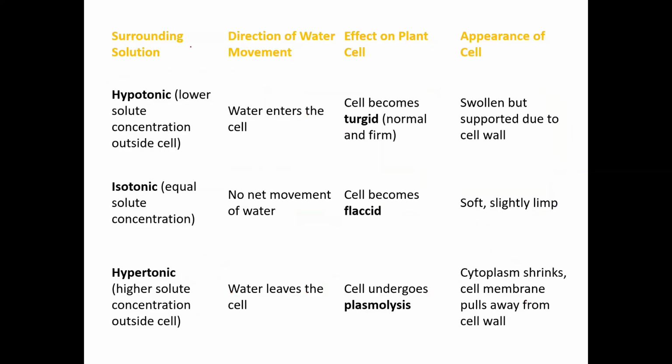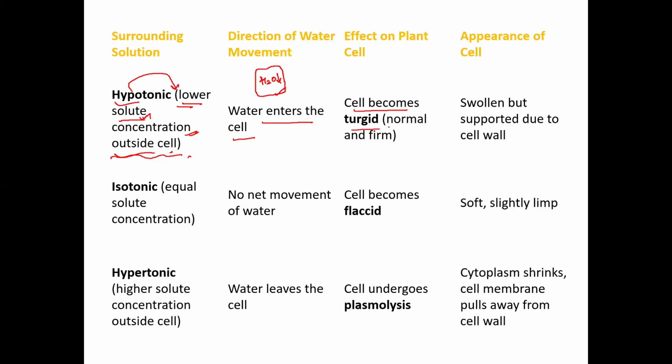Let's discuss hypotonic, lower solute. Hypo means lower: lower solute concentration outside the cell. So water enters the cell, or you can say the concentration of water inside the cell is very low. The H2O level in the cell is very low, so there is lower solute concentration outside the cells.